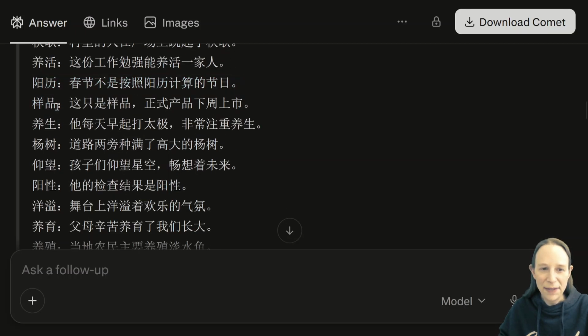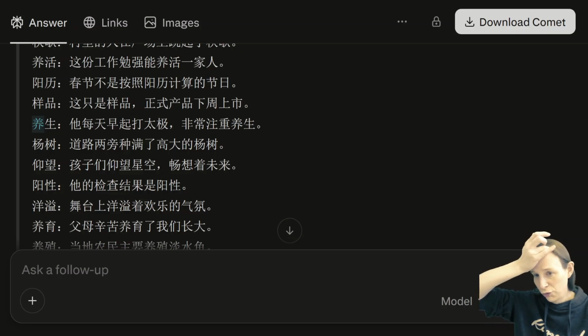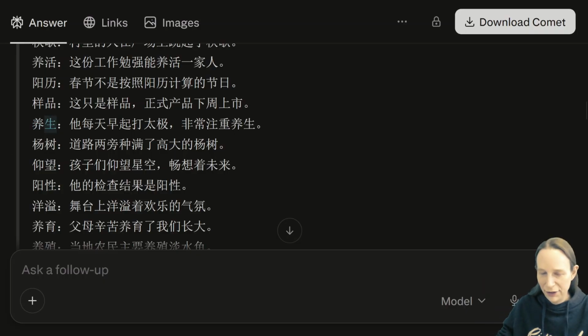All right, 样品. Here we go. 这只是样品. It's a sample. 正式产品下周上市. Maybe it's a sample mobile phone or something like this. Okay, 养生. Yang means to raise. 生 is often used to give birth, but often it's used for things that didn't exist and have been brought into existence. 他每天早起打太极，非常注重养生.